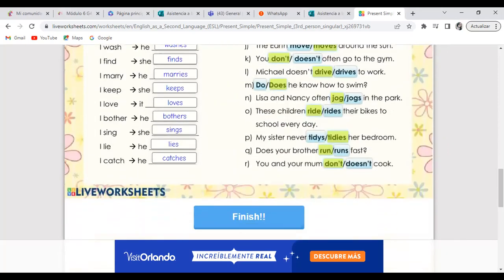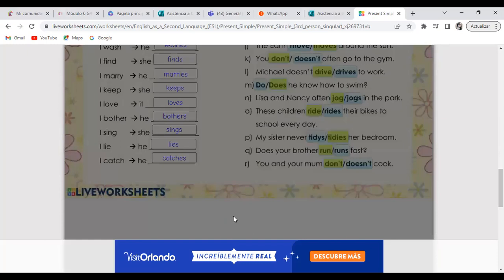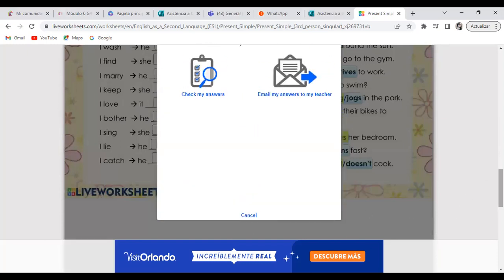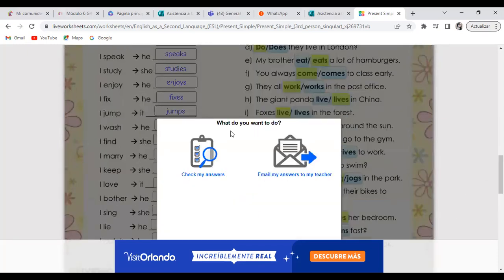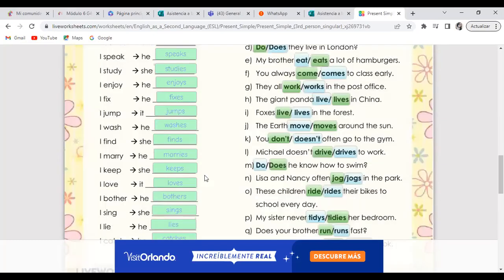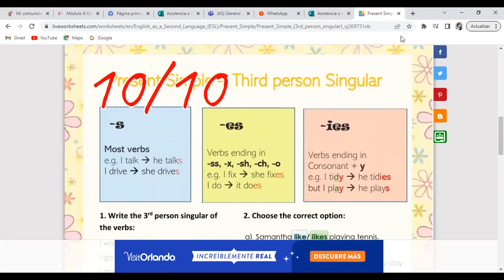Bueno, vamos a darle clic. All right, we got it right. Now let's go back to the presentation, guys. ¿Cuándo van a utilizar la tercera persona? En el foro de integración.